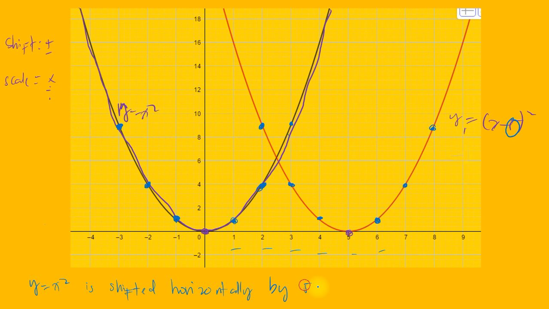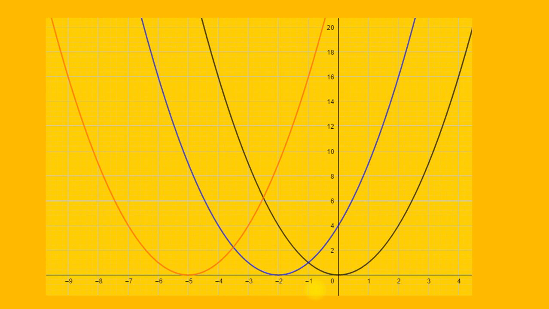So look at this. In this portion, this one is of course y equals x squared, and this one is blue.